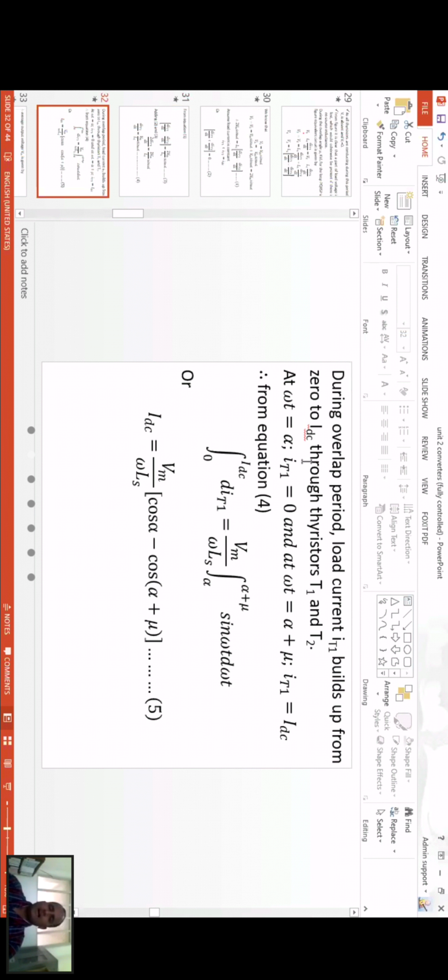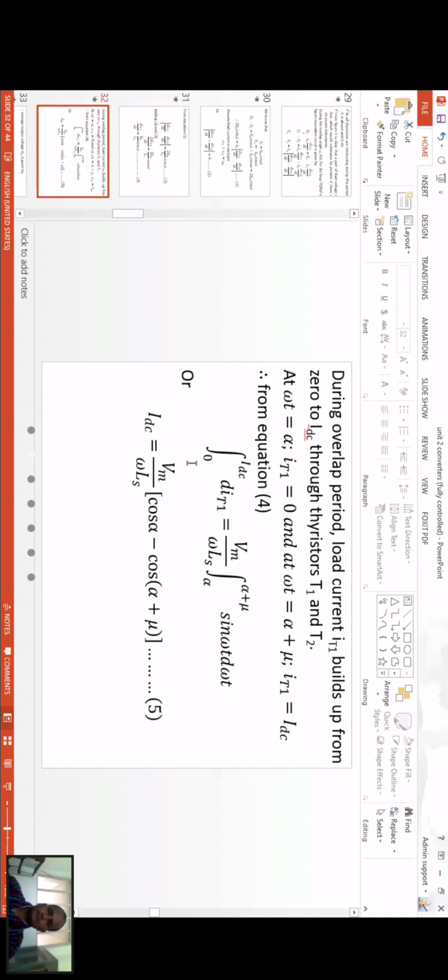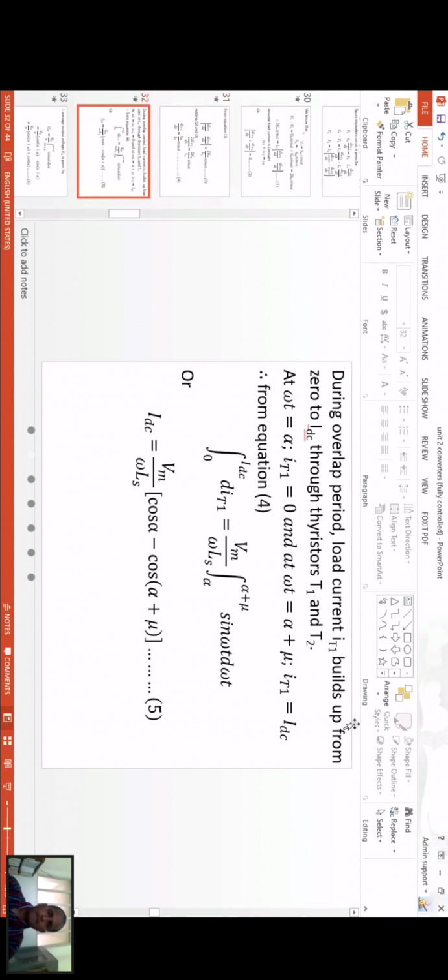Initially, omega t equals alpha, and I_T1, the current through thyristor T1, equals 0. Finally omega t equals alpha plus mu.